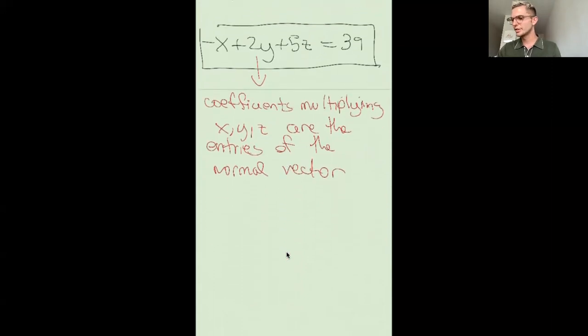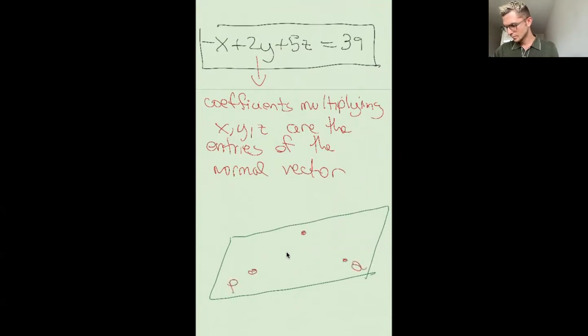The other thing that maybe I should mention is that you can find the normal vector if you know 3 points on the plane. I'll finish with this. So if you know 3 points on the plane, P, Q, and R, then you have this vector PQ, and you have this vector PR.